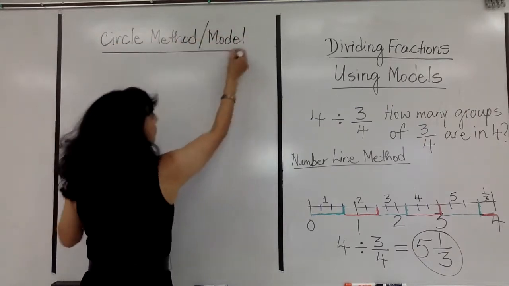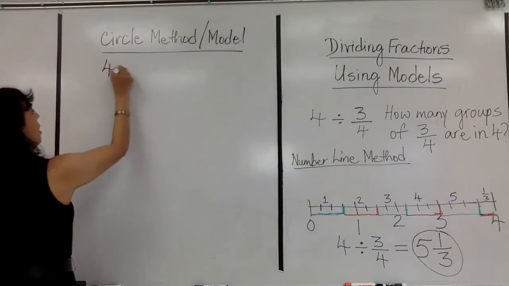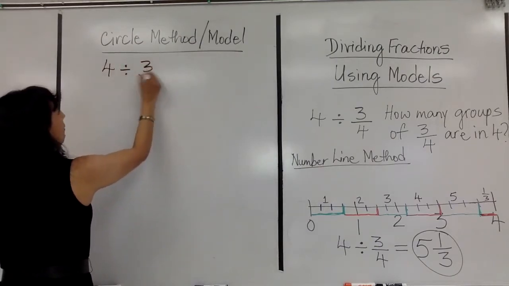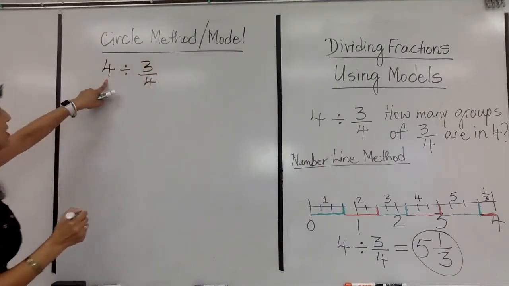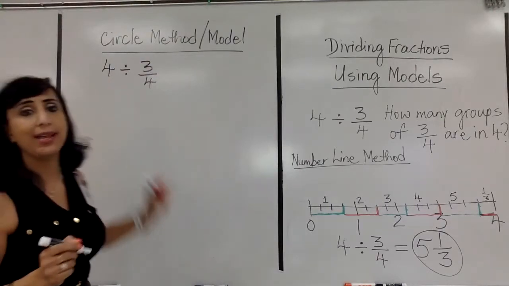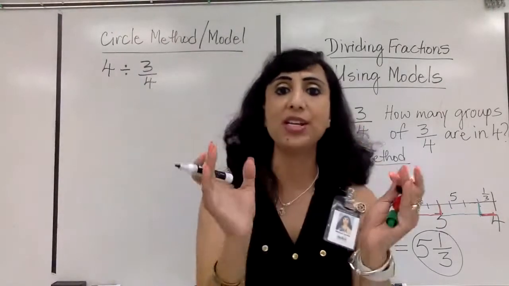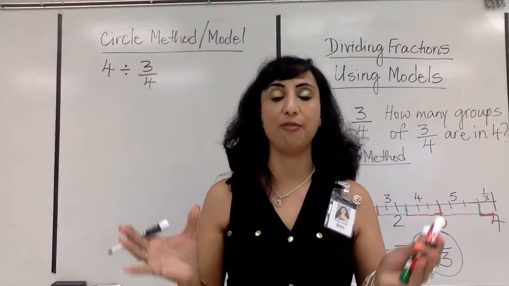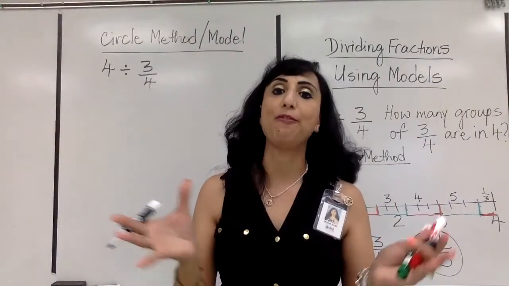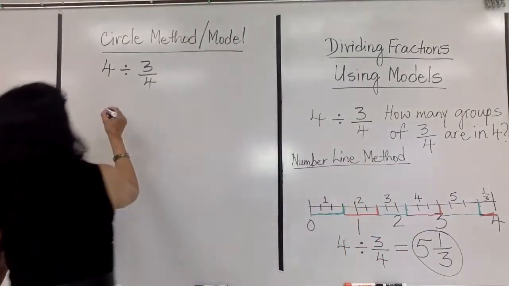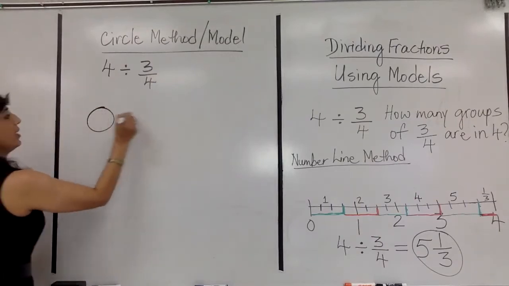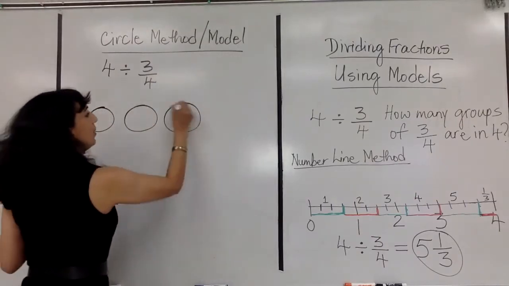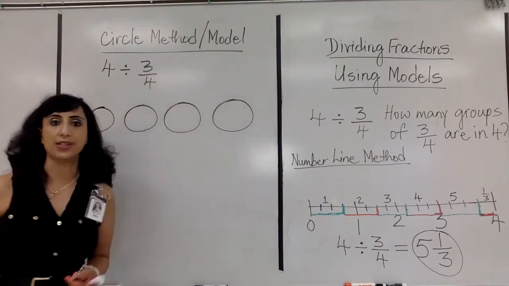All right, so once again, since I have 4 divided by 3/4, I first look at the whole number, and this is going to tell me how many circles I need to make. So because it's saying 4, I am going to make 4 circles. Okay, so I have 1, 2, 3, 4 circles.